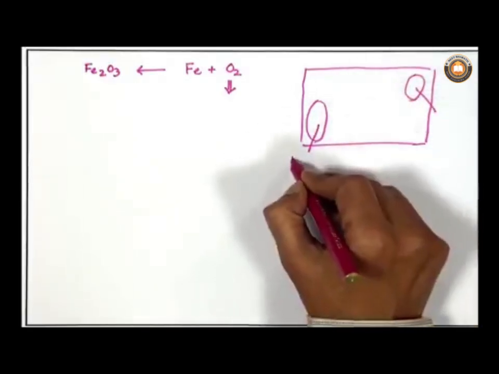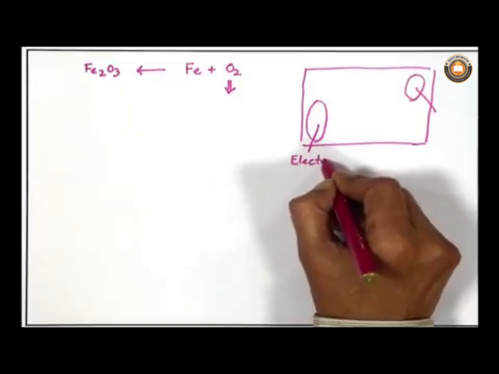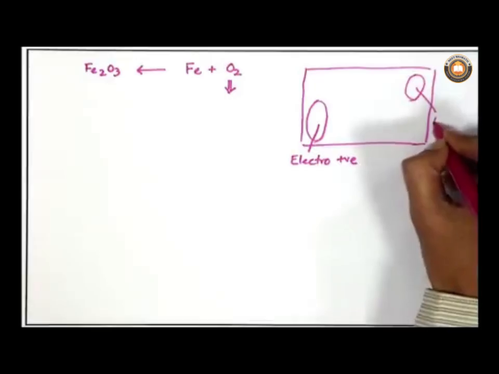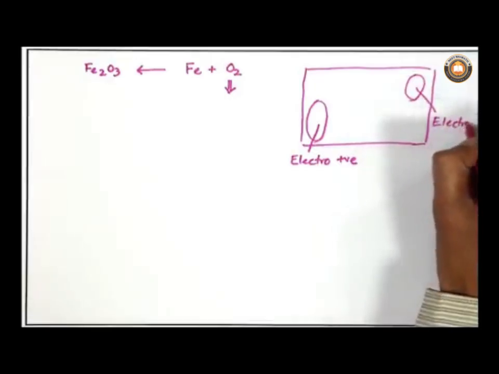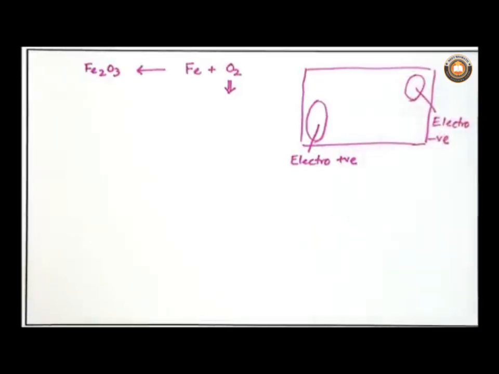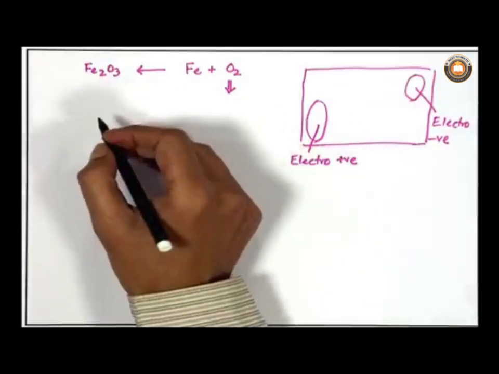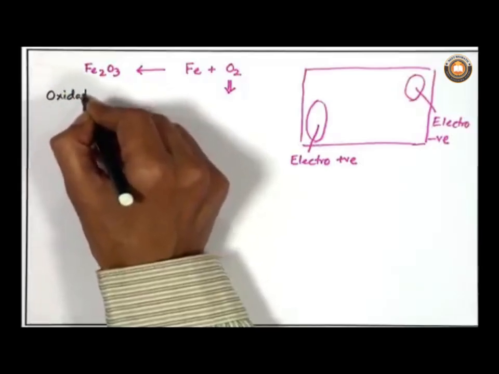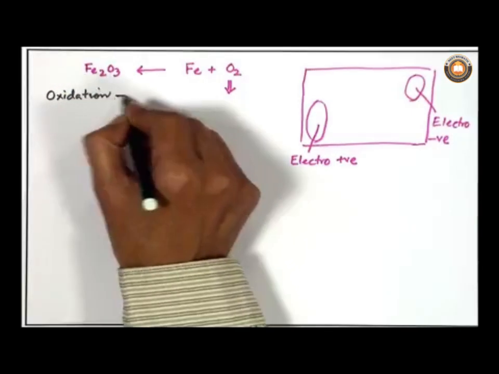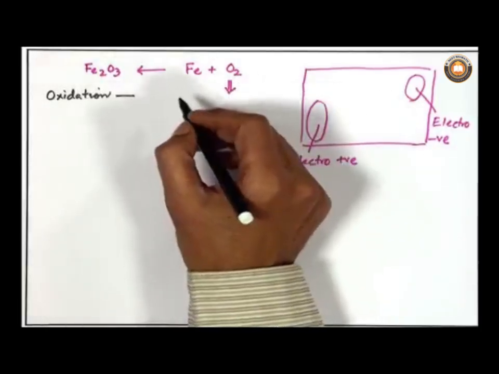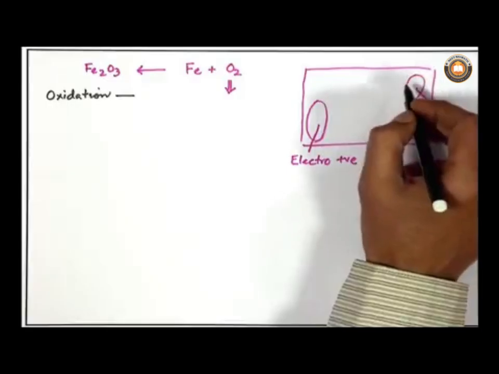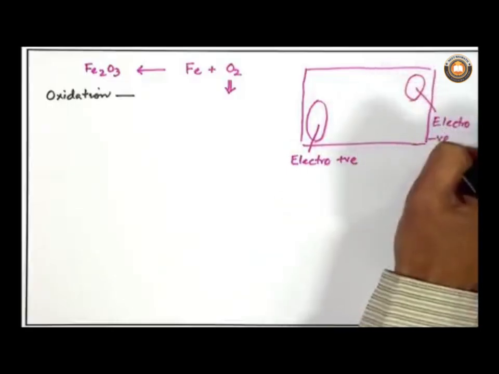So, these are the electropositive elements and these are the electronegative elements. Now, what we can consider as oxidation is that O2 will be somewhere here, oxygen is here, so it is an electronegative element.